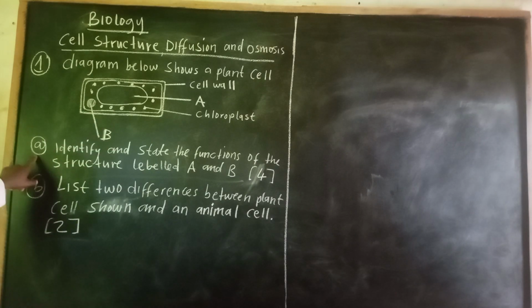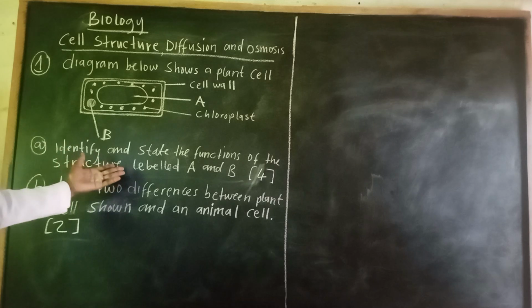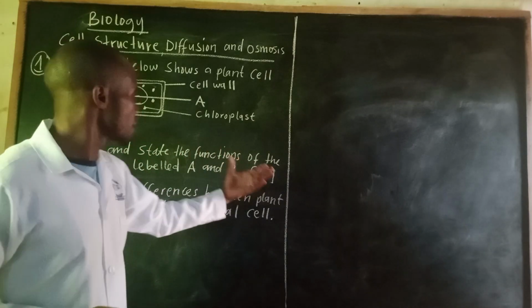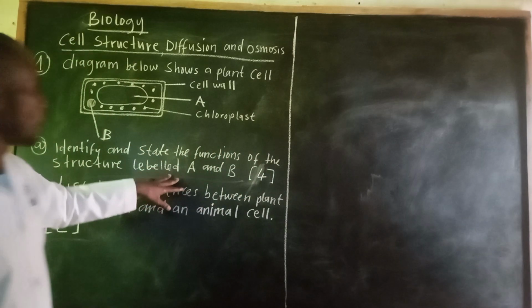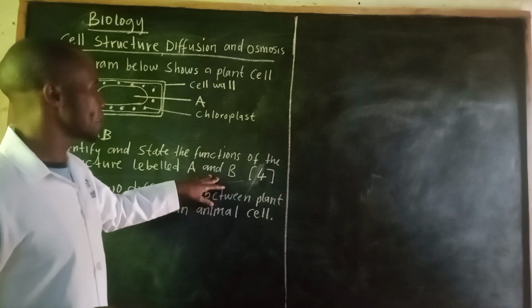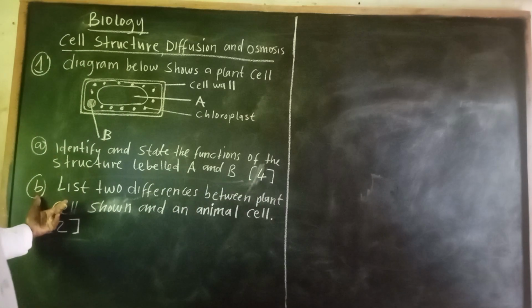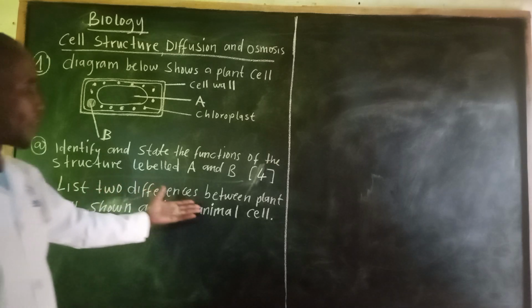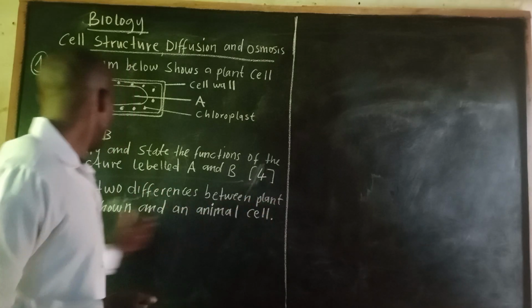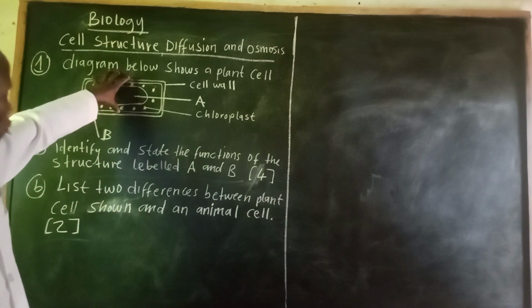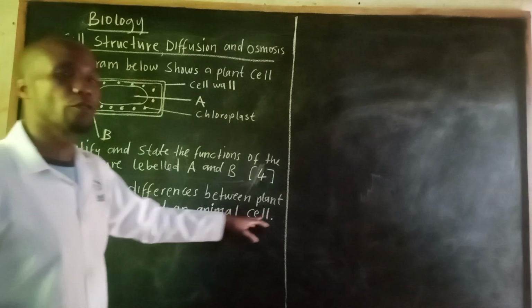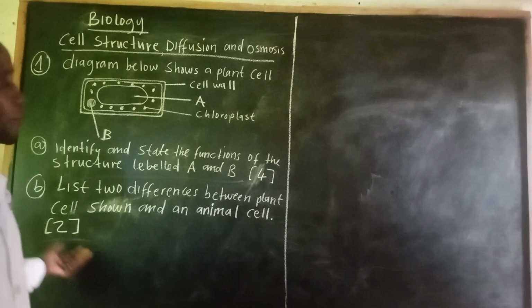Then 1(a): identify and state the functions of the structures labeled A and B, 4 marks. (b): list two differences between the plant cell shown, which is this one, and an animal cell, 2 marks.